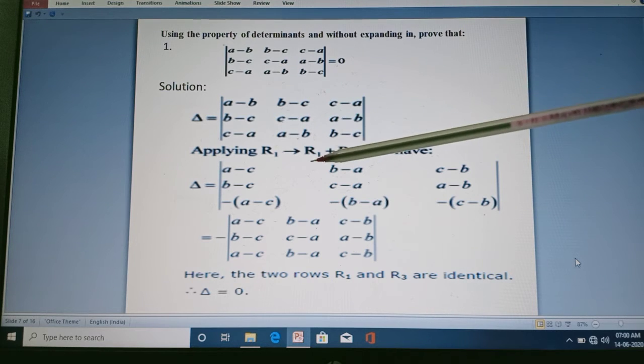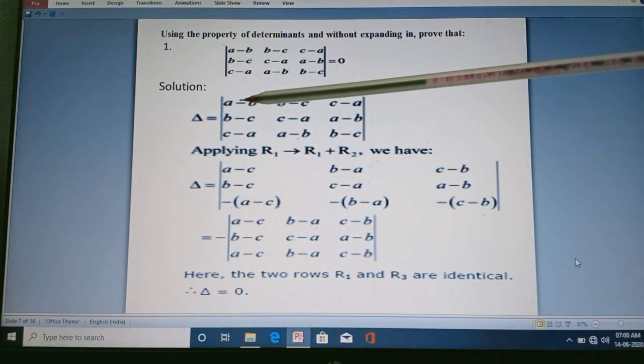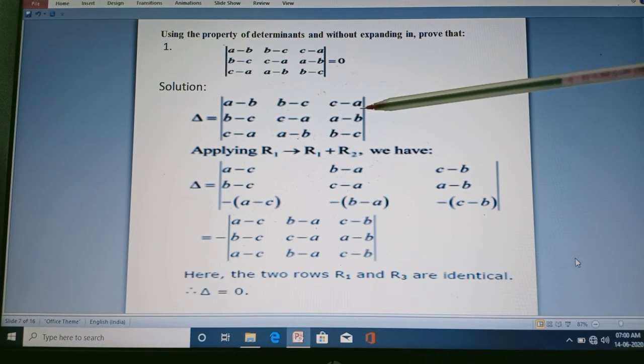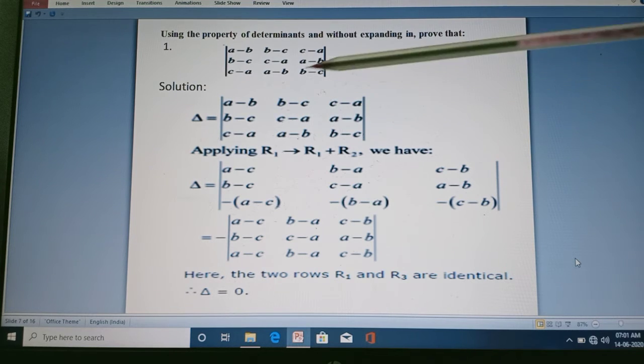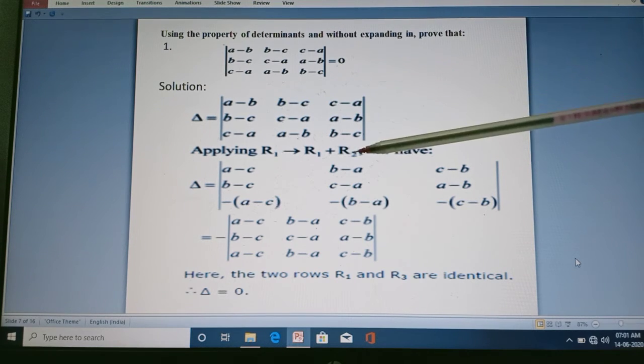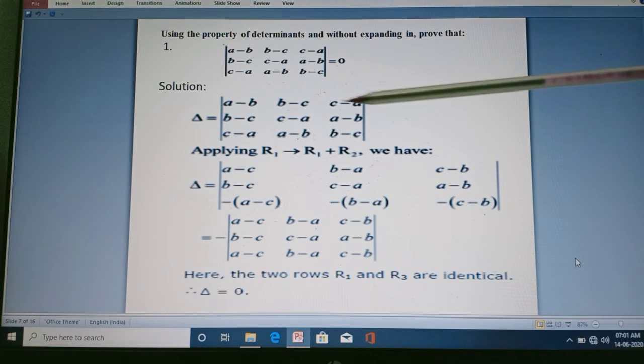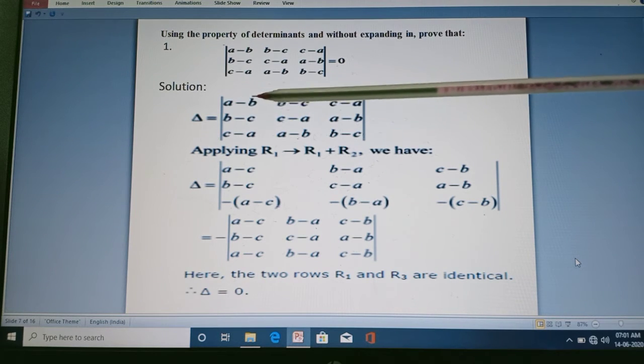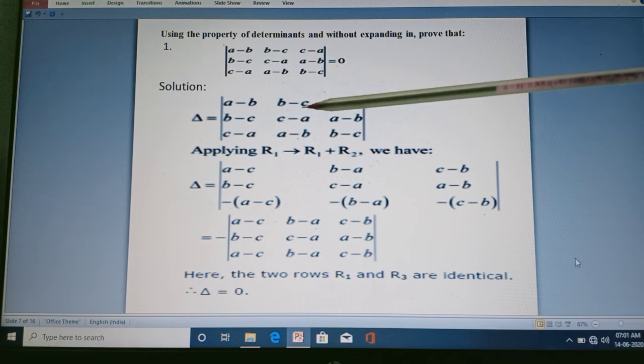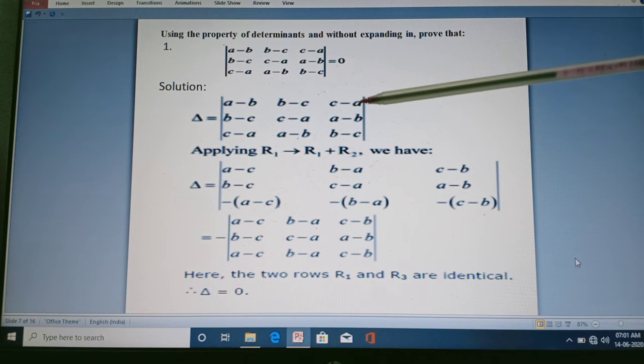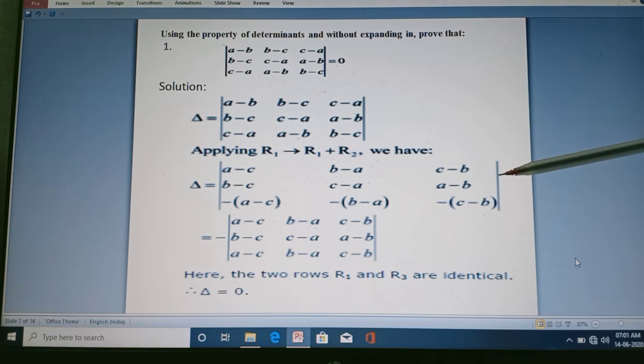So r1 is changed by adding r2, while r2 is fixed, r2 is not going to change. You can see that b cancelled, a minus c; c cancelled, b minus a; a cancelled, c minus b will be the elements of r1.